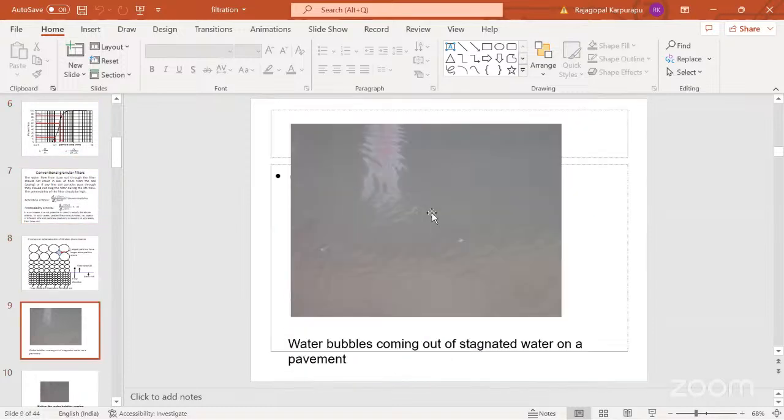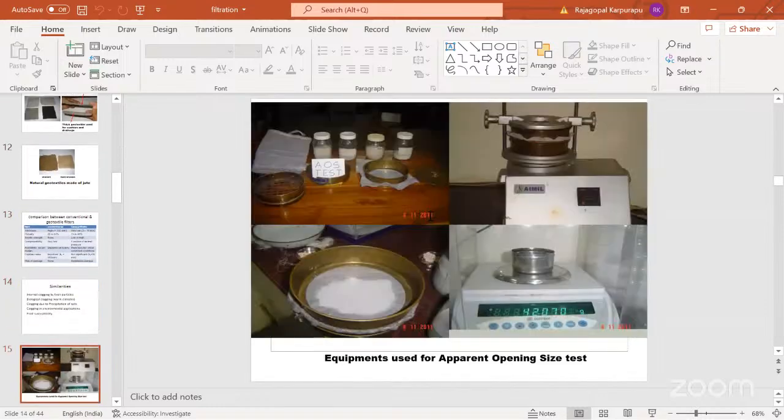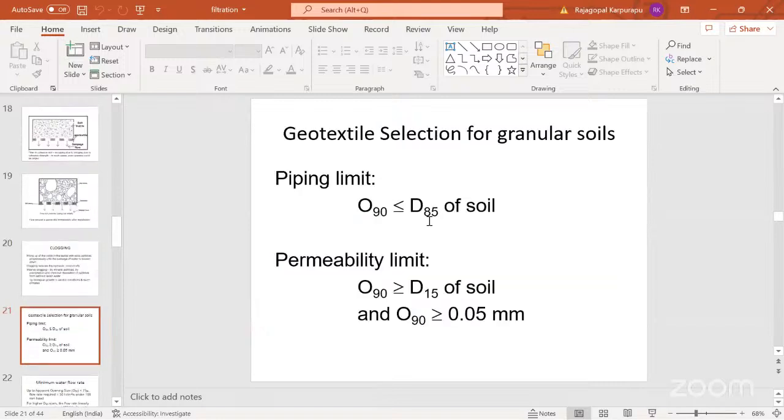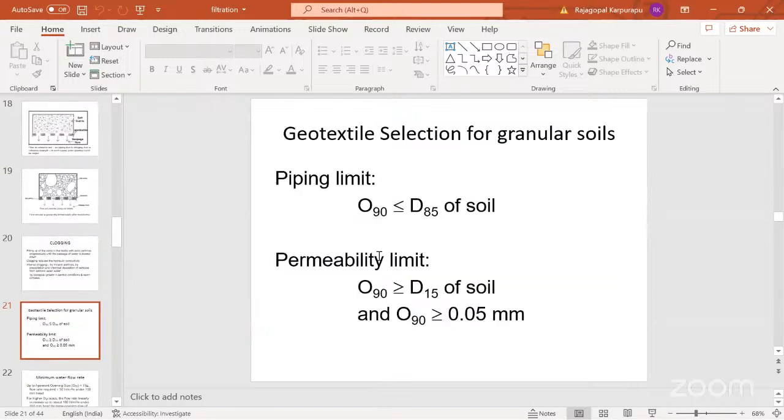D15 corresponds to 15% finer, and D85 corresponds to 85% finer. So D15, D85 and D60 are all obtained from the grain size distribution analysis. To prevent the soil particles from escaping, the O90 of the geotextile should be less than or equal to D85 of the soil. And for the permeability criteria, at the same time, our opening should be at least greater than 50 microns or D15 of the soil, so that the geotextile has openings large enough for water to flow.